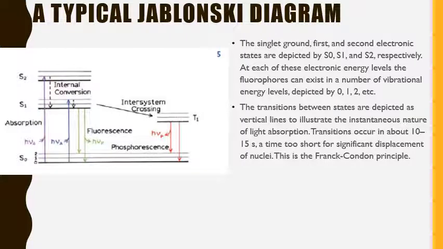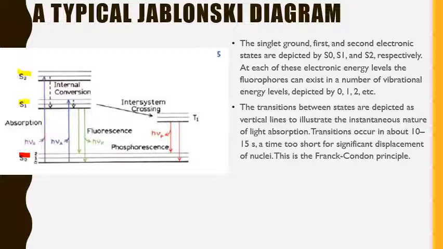A typical Jablonski diagram is shown here. First one is the singlet ground state S0, then the first singlet S1, then the second singlet S2.